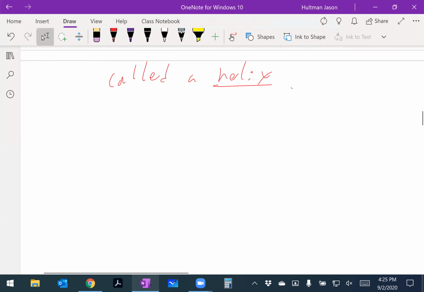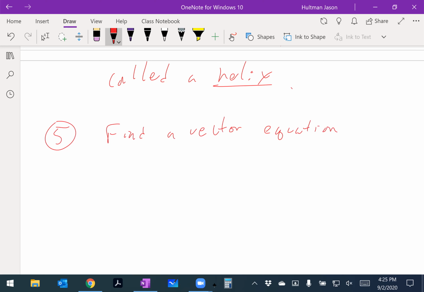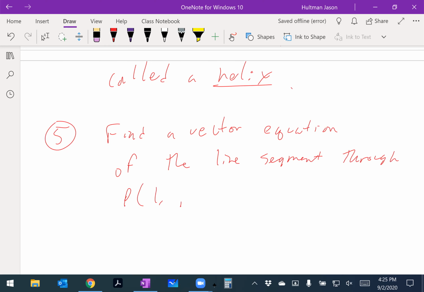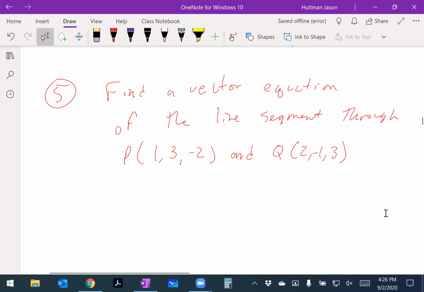Okay. Let's find a vector equation of the line segment through the point P(1, 3, -2) and Q(2, -1, 3).